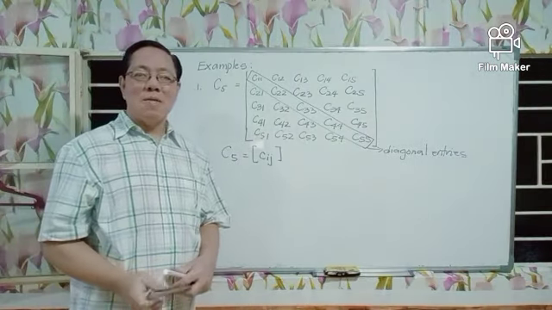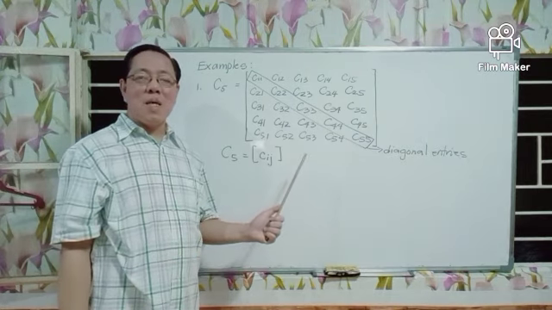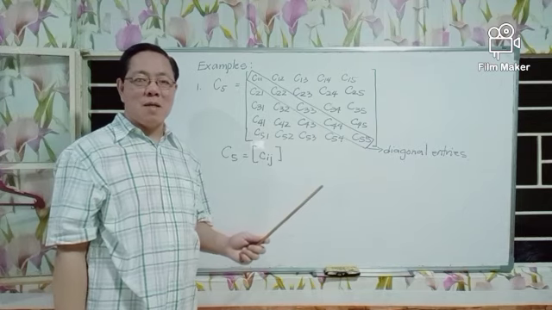Now we tell when this square matrix C will be a lower triangular matrix.